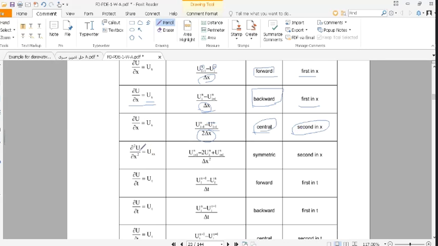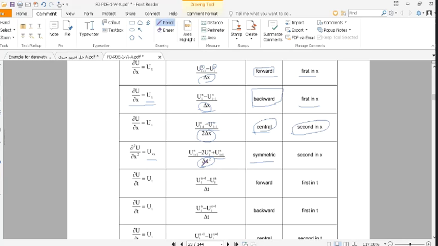For round 2u over round x2, or uxx, the symmetric finite difference approximation has this formula: u i plus 1 n minus 2 u i n plus u i minus 1 n over delta x2.